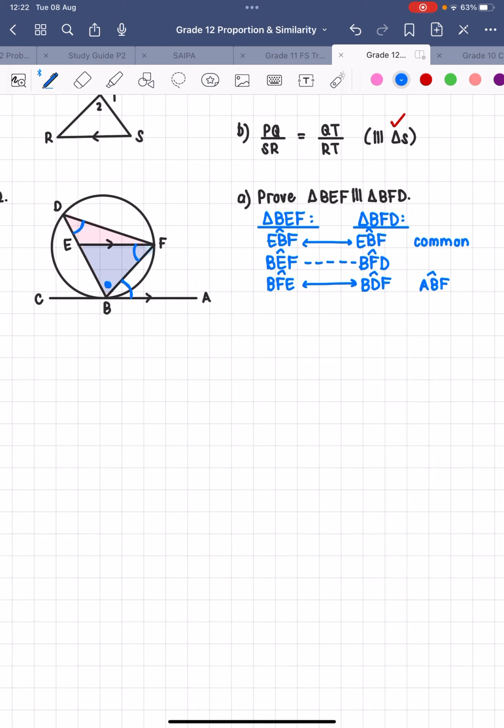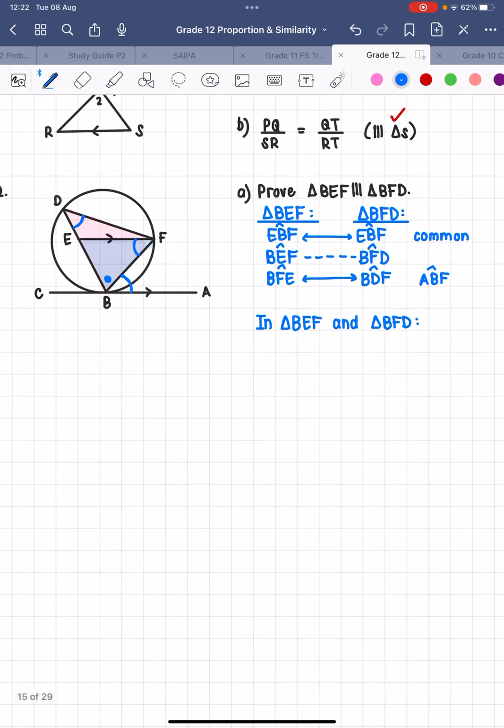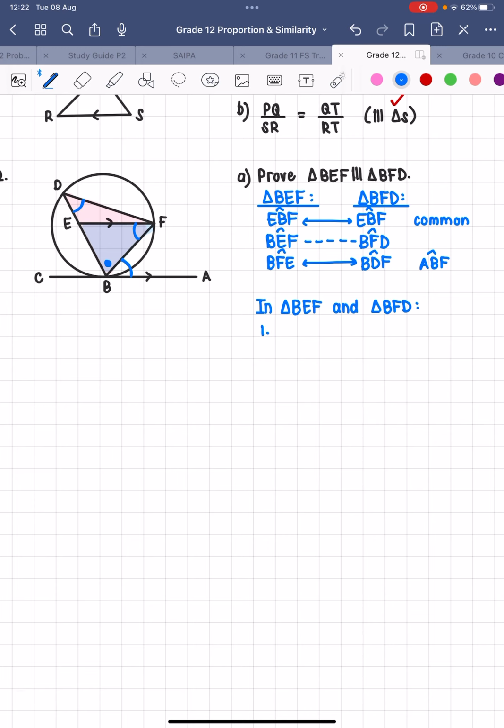All right, so now we still have to write in triangle BEF and triangle BFD. And now we're going to list our three pairs of angles that we have there.